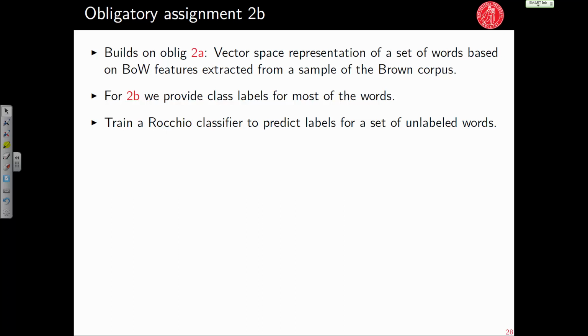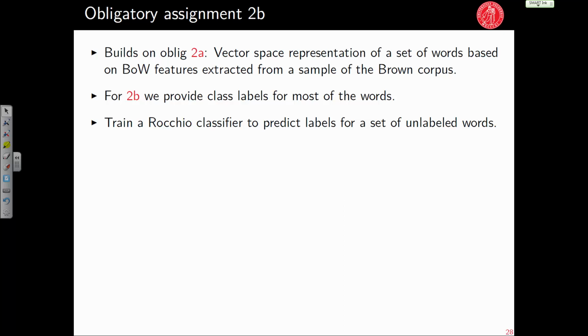In 2B, we will provide you with class labels for these 120 words, or for most of them. I can't remember the exact number, 120 or 122 anyway. If you have looked at the assignment, you know what I'm talking about. Assignment 2A will include a text file called words.txt, which has 1 word per line.